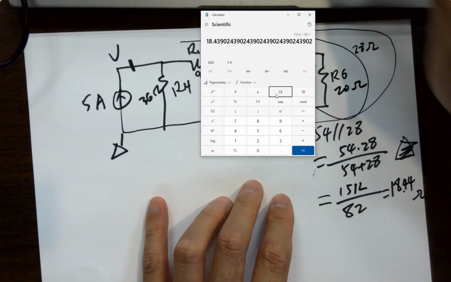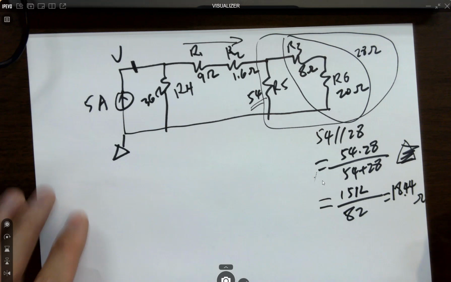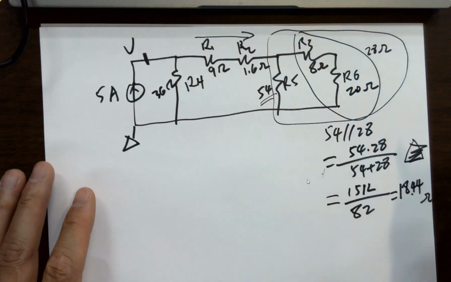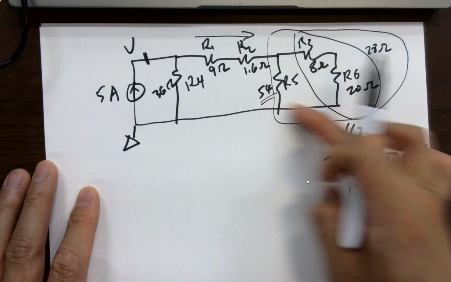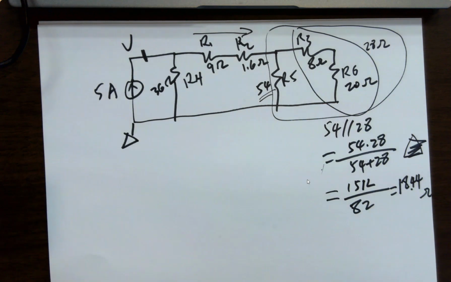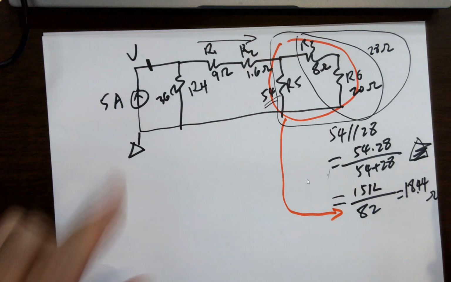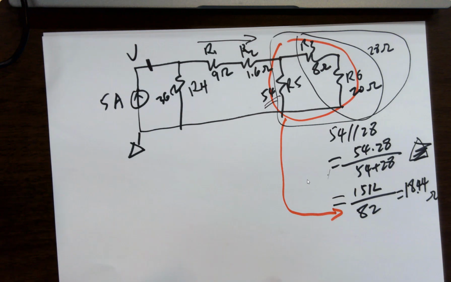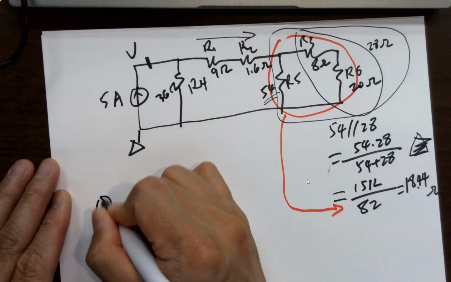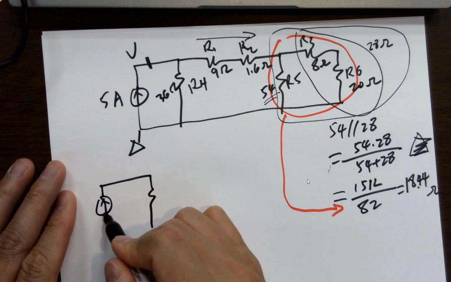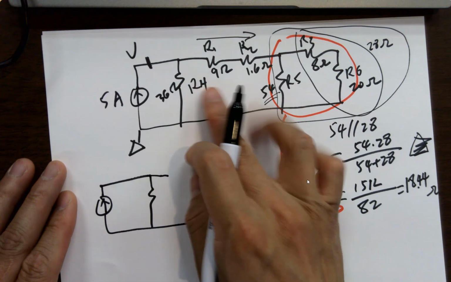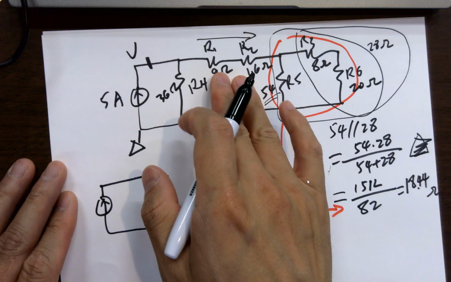ohms. So that's the black box over here. So you can simplify it. Just directly merge these two in series.